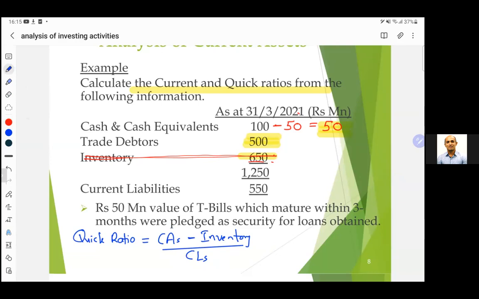Now you have to see logically why you eliminate inventory when you calculate the quick ratio. Because normally we assume the realization of inventory is lower than other current assets. So it takes time to sell inventory and convert it into cash.